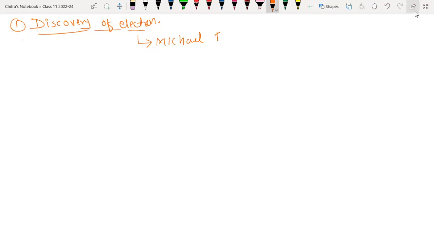They just gave the atomic model only. Like at the center, mass is present. Sometimes different scientists came and gave different philosophies about the atomic structure.